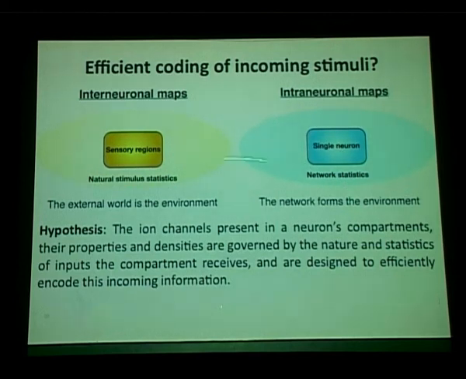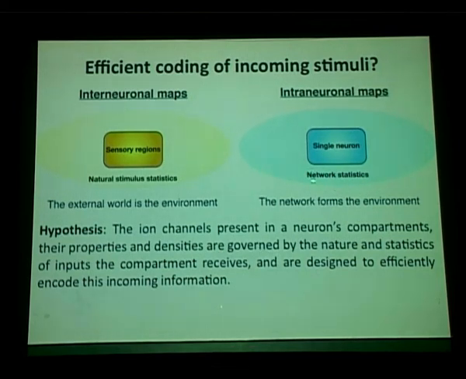Right? So on the other hand, if you look at the intraneuronal maps, where you're looking at different locations along the same neuron, you have the network statistics, the kind of, say for instance, the hippocampus receives theta frequency inputs. At different parts of it, you get different inputs coming from different locations. So the network statistics is what is going to be important.